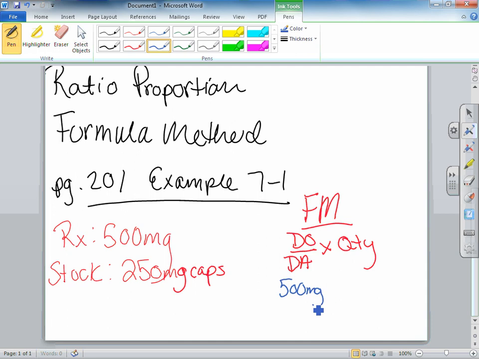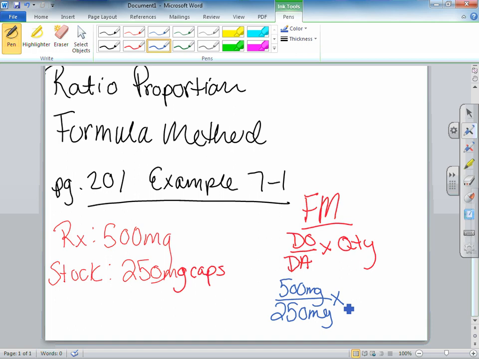500 milligrams. Well, the dose available has got to match the units of the order. So the dose available is the 250 milligram what? Strength. You're going to multiply that by the quantity, all right? The quantity form associated to the 250.